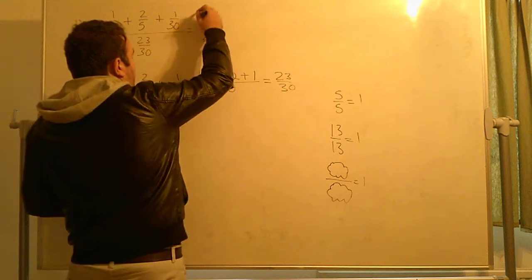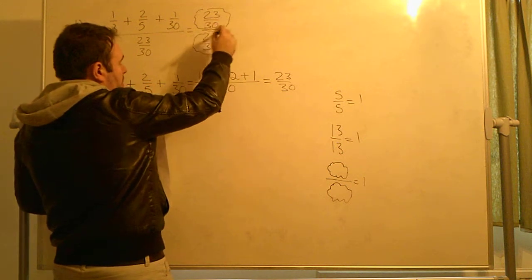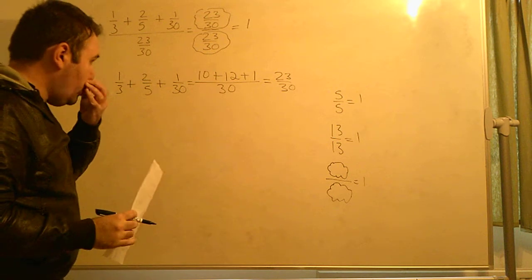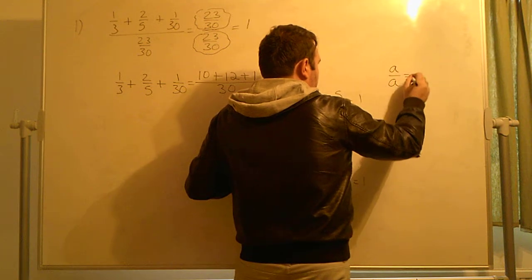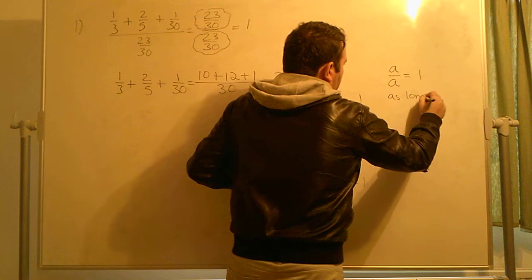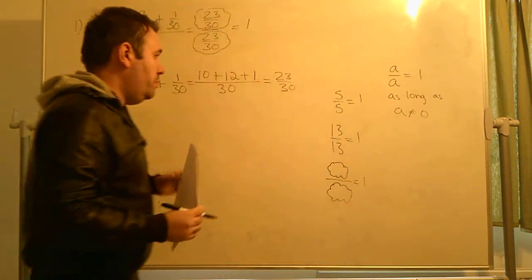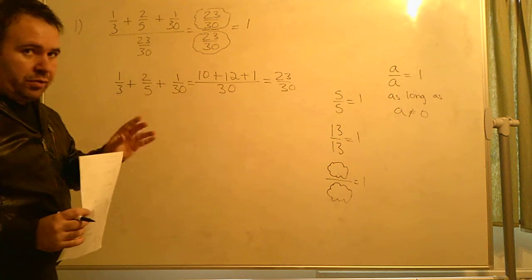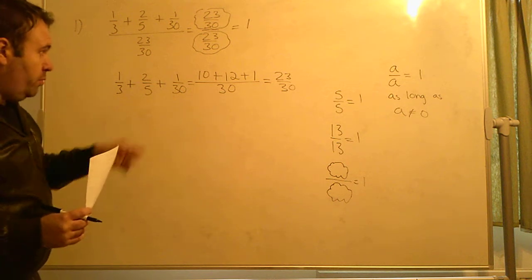So, this is like a cloud, and this is like another cloud, but these two clouds are the same, so the result is equal to 1. Obviously, we can always say that A divided by A is equal to 1 as long as A is different from 0. Yeah? 0 divided by 0 is not 1. We're going to study what it is afterwards.